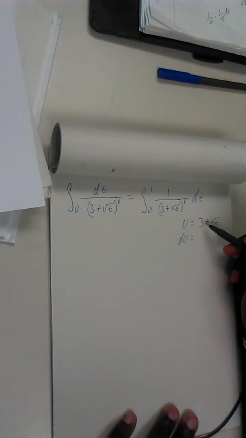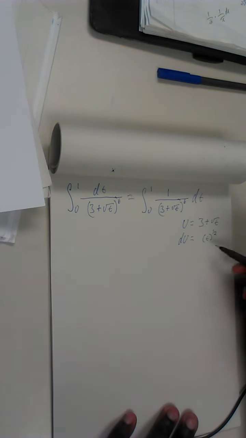Take the derivative, this constant goes away. Take the derivative of this radical t, which is t to the 1/2. No, take the derivative, not the integral. The derivative of t to the 1/2: 1/2 minus 1 is negative 1/2, and you bring this 1/2 down.